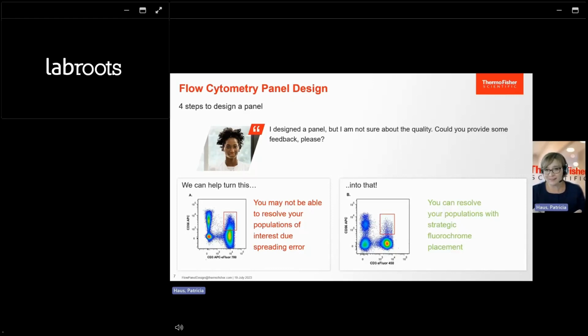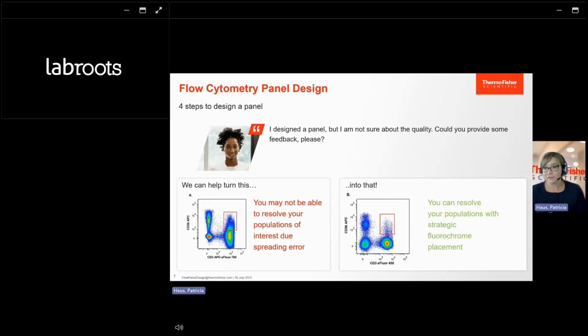Only by choosing a better fluorophore combination will the customer be enabled to see all the populations well enough to actually get some data out.